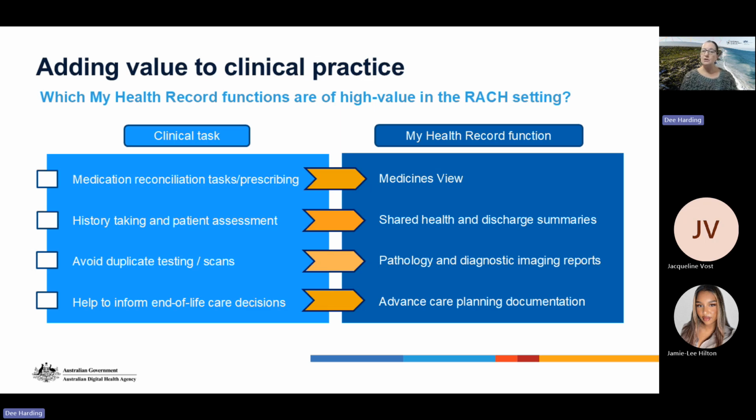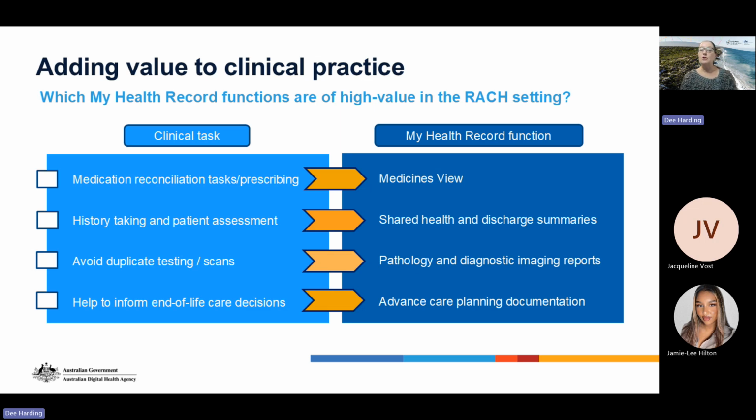On the right-hand side, you will note how My Health Record can support those clinical tasks by sourcing up-to-date and relevant information. For example, medication and allergy information can be accessed via the Consolidated Medicines View within My Health Record. This provides key information that can help facilitate those reconciliation tasks, and we know that this in turn plays an important role in reducing potential medication errors.